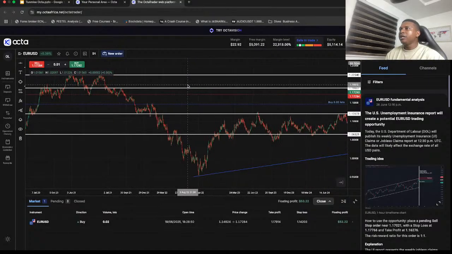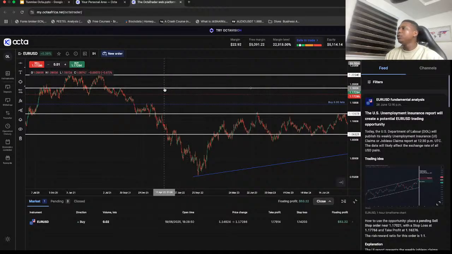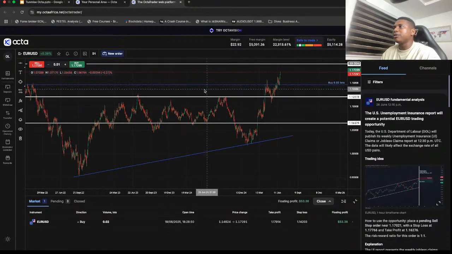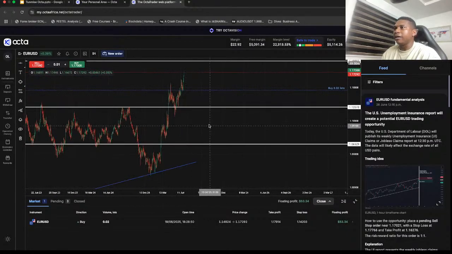So if our outlook ended up being bullish, the first resistance zone here would be the first take profit target, and the second resistance zone would be the second take profit target level. So let's now take a deep dive into this.